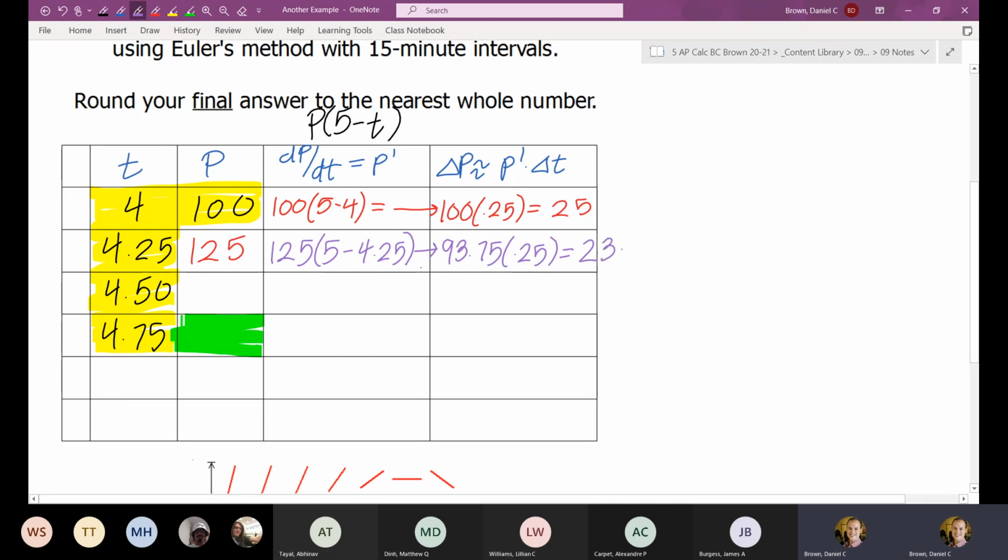One thing that does kind of suck about Euler's method is if you mess up in one row, then pretty much everything after it is naturally going to be incorrect. So you do just want to be careful as you're typing things in.